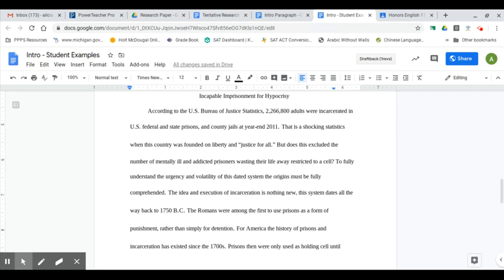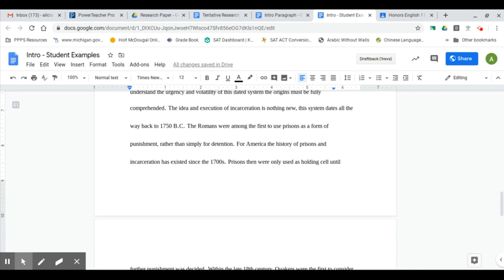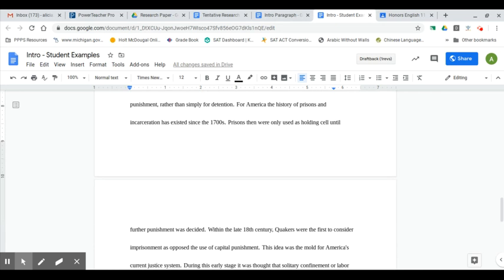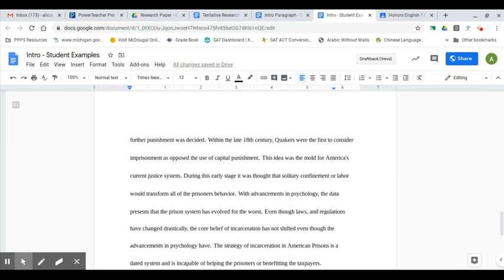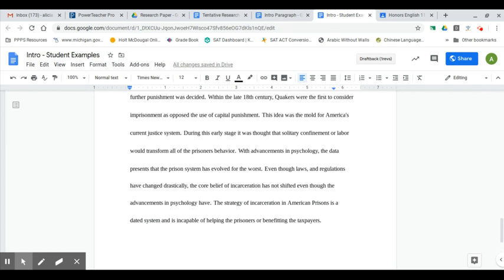The idea and execution of incarceration is nothing new. The system dates all the way back to 1750 BC. The Romans were among the first to use prisons as a form of punishment rather than simply for detention. For America, the history of prisons and incarceration has existed since the 1700s. Prisons then were only used as holding cells until further punishment was decided. Within the 18th century, Quakers were the first to consider imprisonment as opposed to the use of capital punishment.